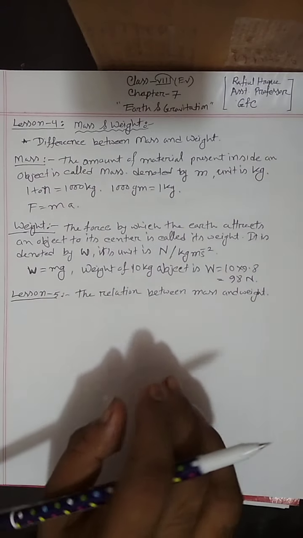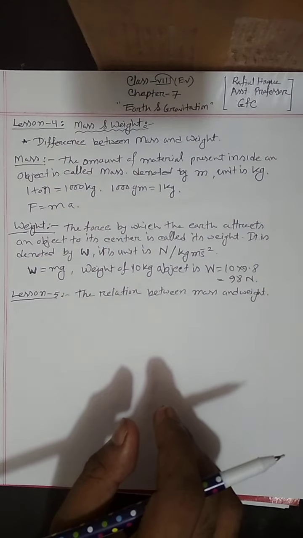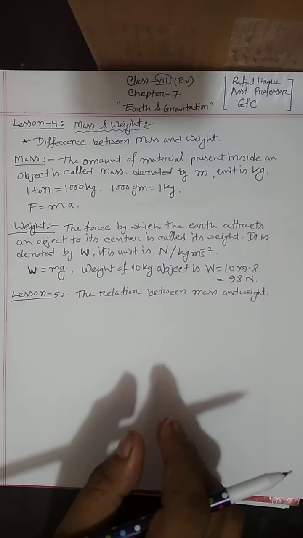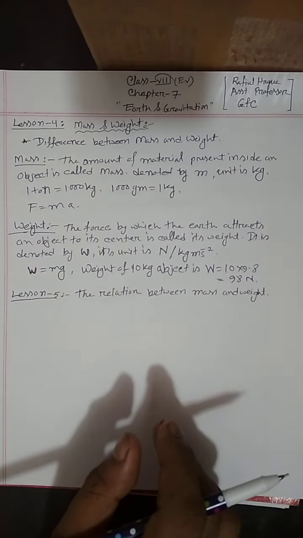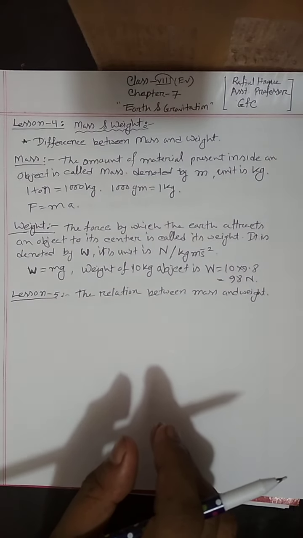We know that the amount of material in an object is its mass. It is a constant parameter which doesn't change due to the change of its location, height, or shape.